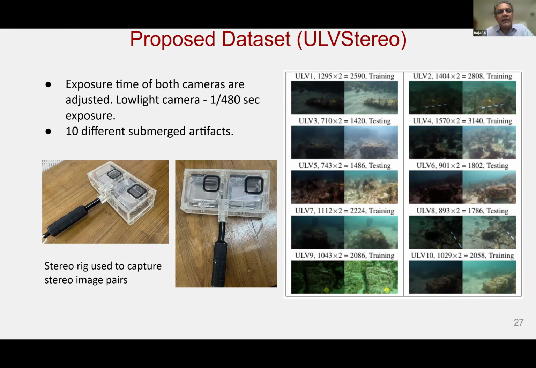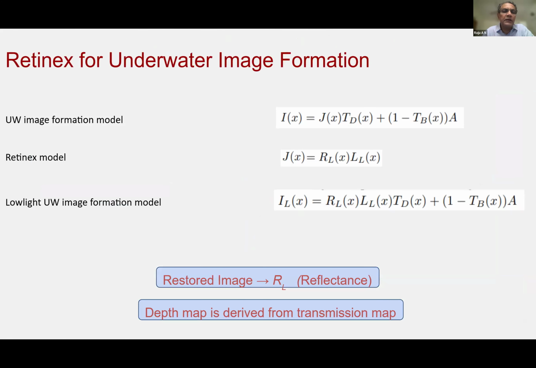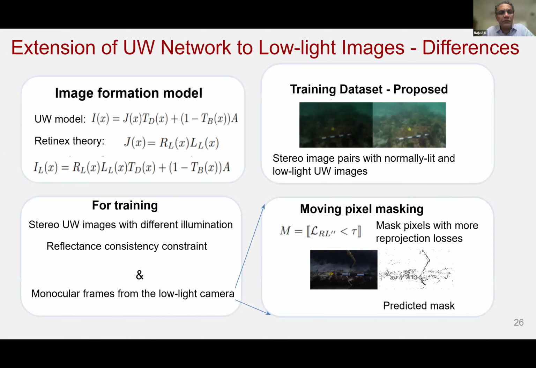In this work, one of the key things that we bring in is a Retinex model, wherein we break down the radiance that you see in terms of lighting and reflectance. And then of course, you need to do a bunch of other things which I'm not explaining here because it's fairly involved.